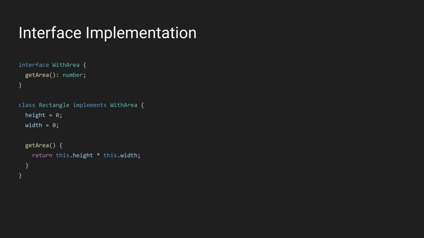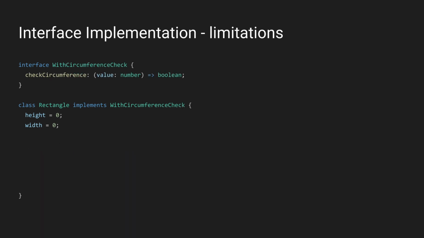If we remove the getArea method, TypeScript will complain about the missing method. TypeScript checks whether your class instance matches the required object shape. However, it does not add any additional context to the interface. Therefore, we must, for example, specify the types of arguments within the interface's function definition. If we do not do this, we will have an invalid implementation.